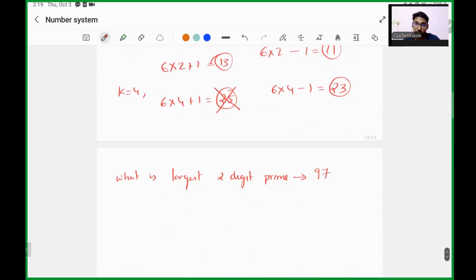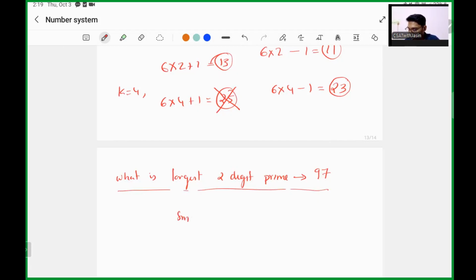Because normally questions will not be about large prime numbers. The questions will be based on prime numbers less than 100. Because when it is a large number, if I ask you whether 1009 is a prime number or not, it will be very difficult for you to find out. So normally questions will come about prime numbers less than 100. But just remember these things. The largest two-digit prime number is 97.